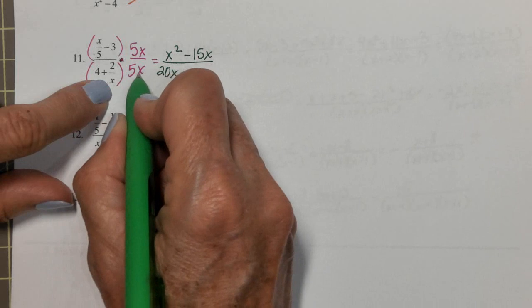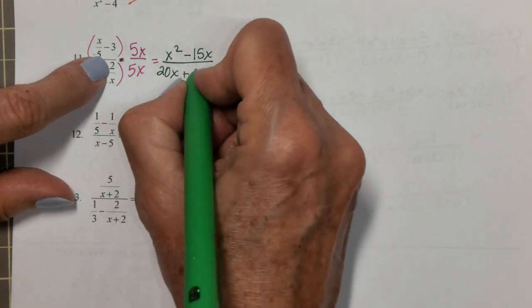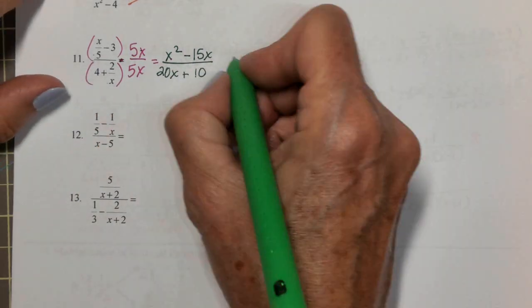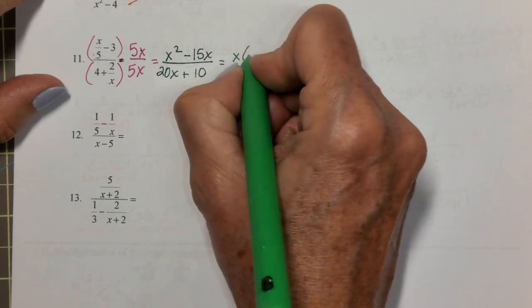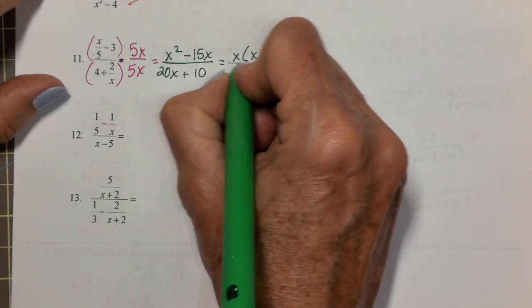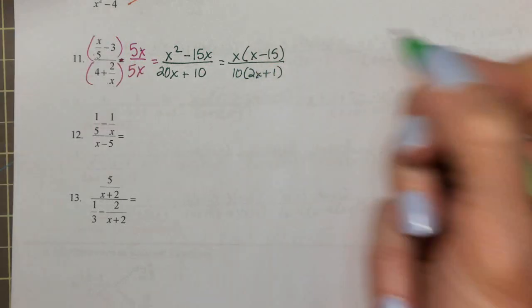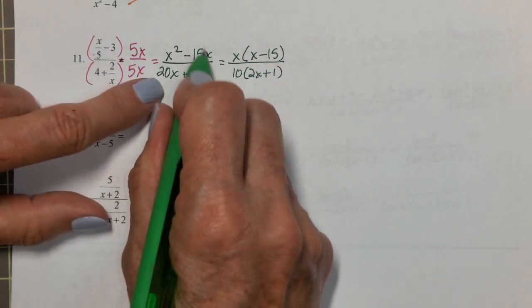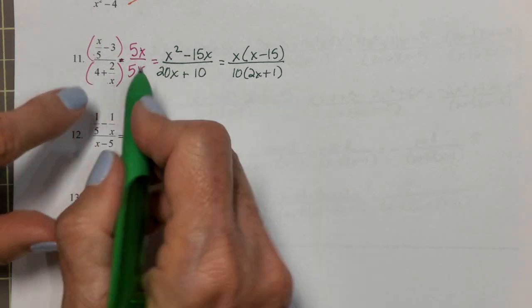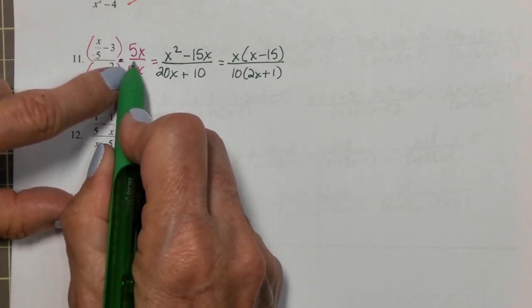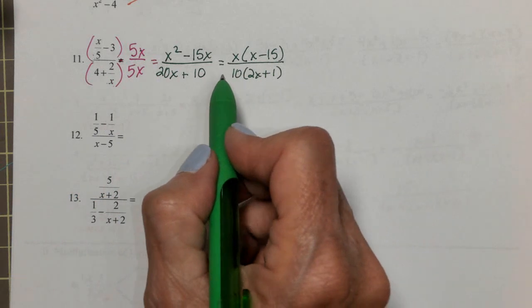The x's will cancel. I'm left with 2 times 5, which is 10. This is x times x minus 15 divided by 10 times 2x plus 1, nothing reduced, so we could have left it like this. So multiplying by just the 5x saved us a ton of work, all right?